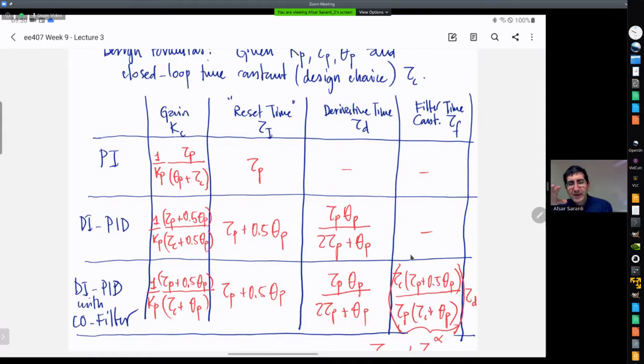By the end of today, I hope we will be at a point to start discussing how we can derive these formulas.